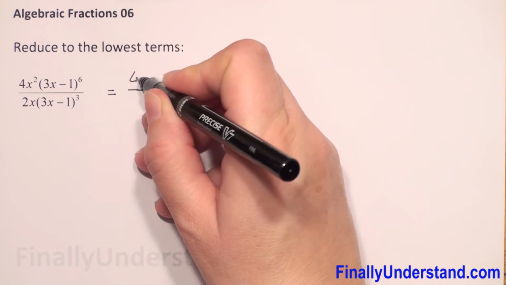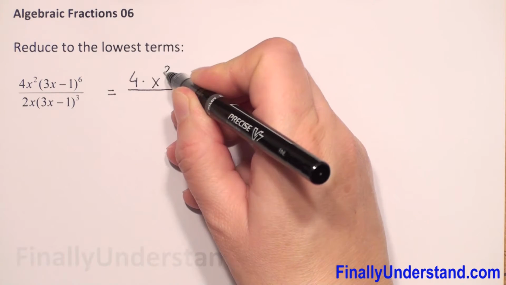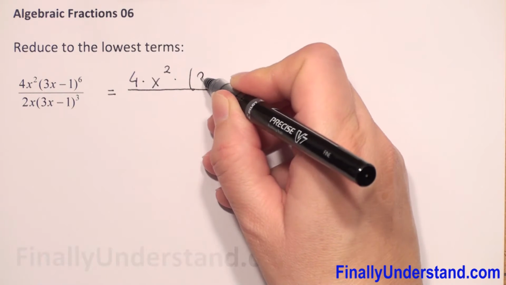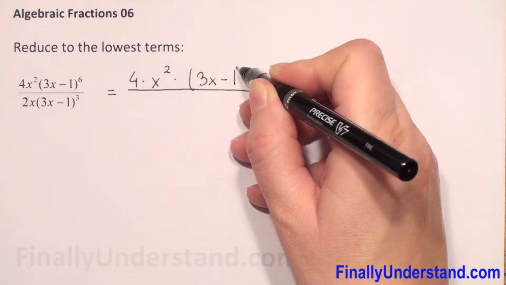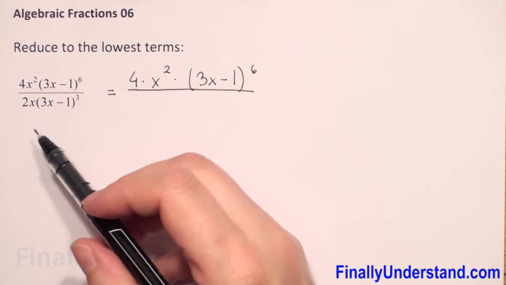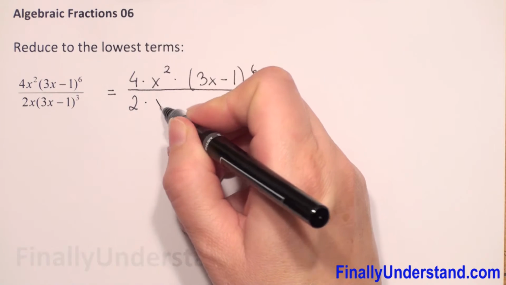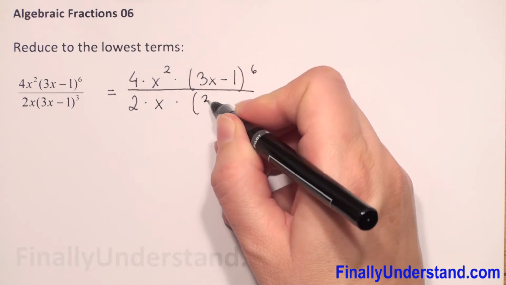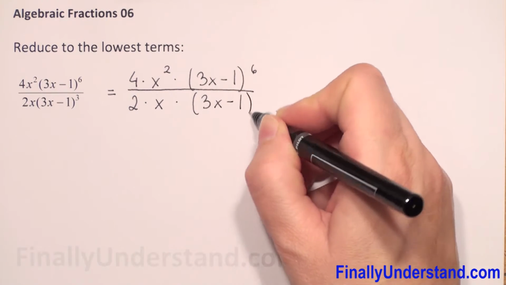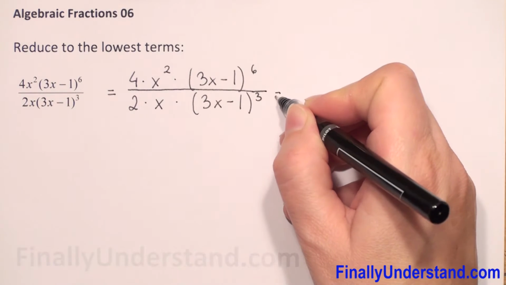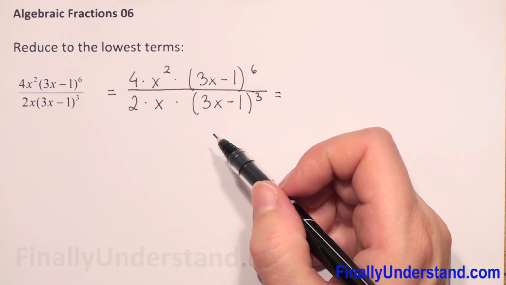We have 4 times x squared times (3x minus 1) to the 6th power, and in the denominator we have 2 times x times (3x minus 1) to the 3rd power. When we have multiplication, we can reduce.